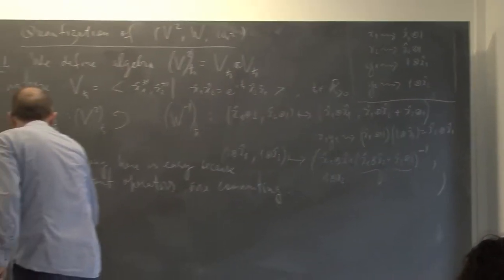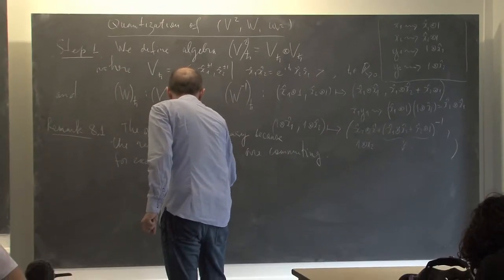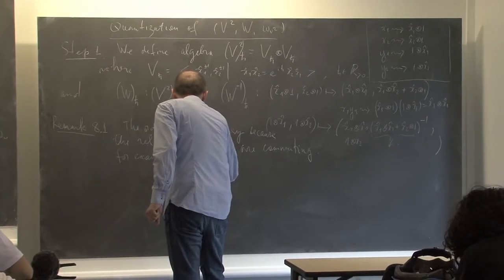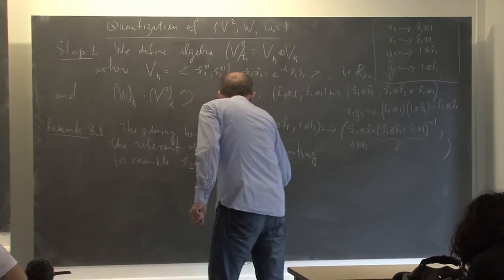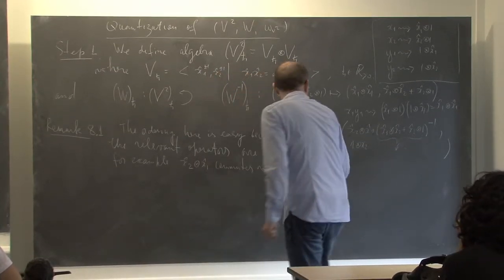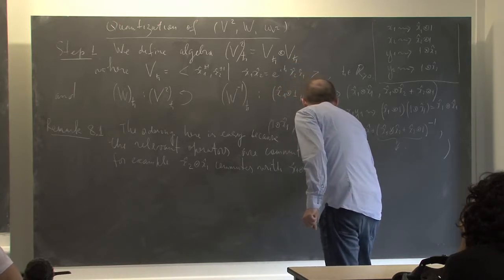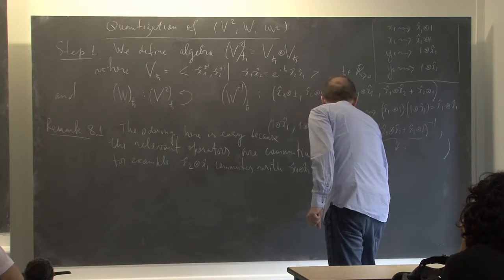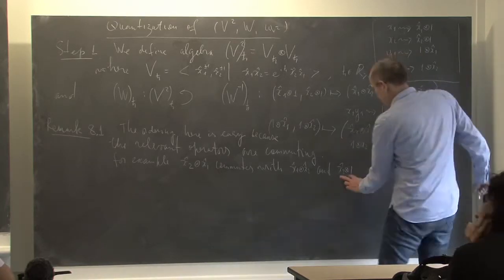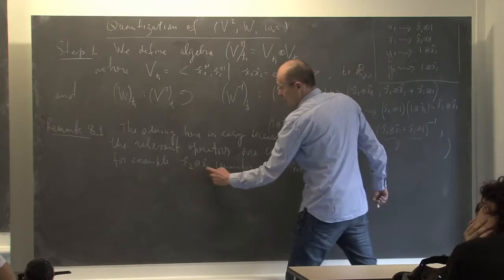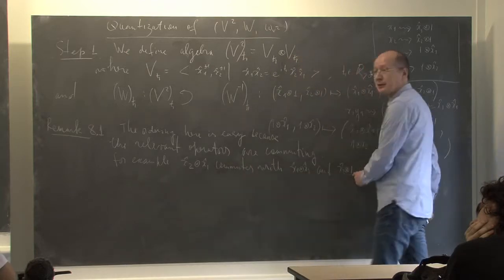For example, x2 hat tensor x1 hat commutes with x1, x2, and x2 hat tensor 1. So the second commutation is easy because x2 commutes with itself and x1 commutes with 1.